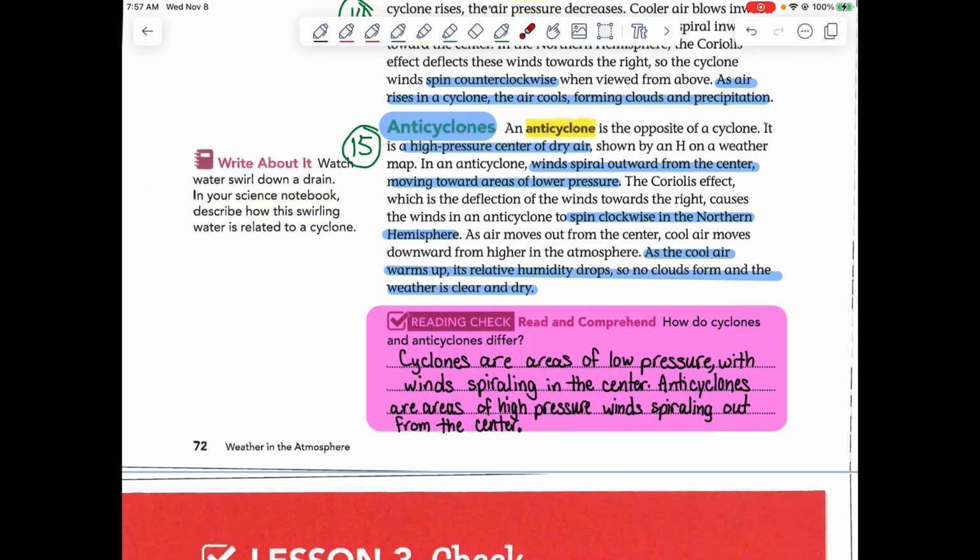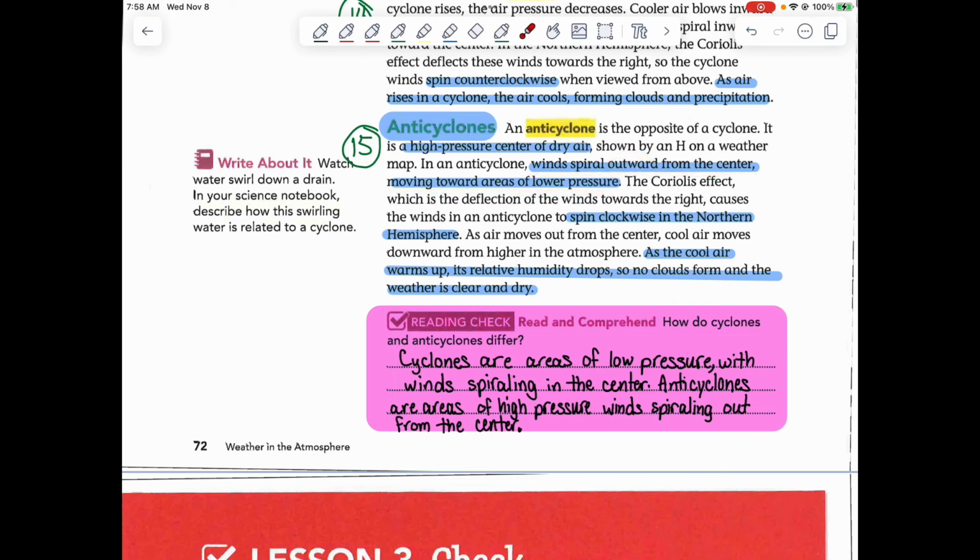In paragraph 15, I highlighted anticyclones. And an anticyclone, I said, is an area of high pressure center of dry air. So that's really important to highlight. Also highlighting wind spiral outward from the center, moving toward areas of low pressure. That outward is important. Okay.